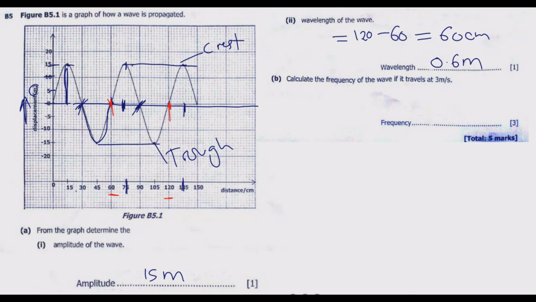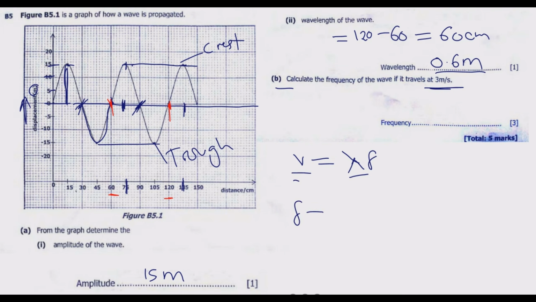Then question B: calculate the frequency of the wave if it travels 3 meters per second. We know that velocity is given by wavelength multiplied by frequency. We are given the speed, 3 meters per second, and the wavelength is 0.6 meters. We can find frequency by dividing by wavelength both sides.